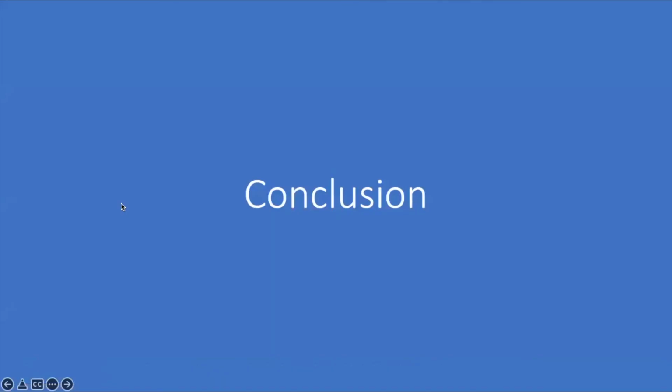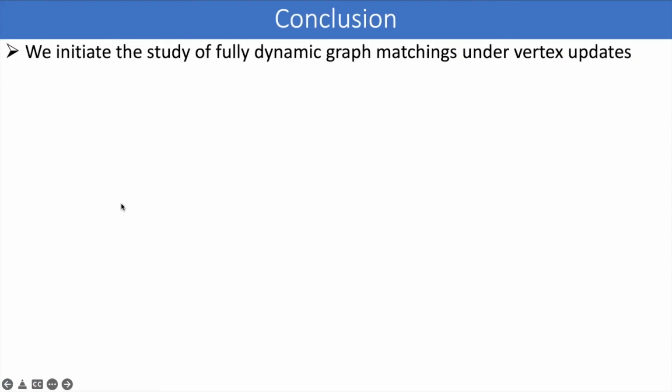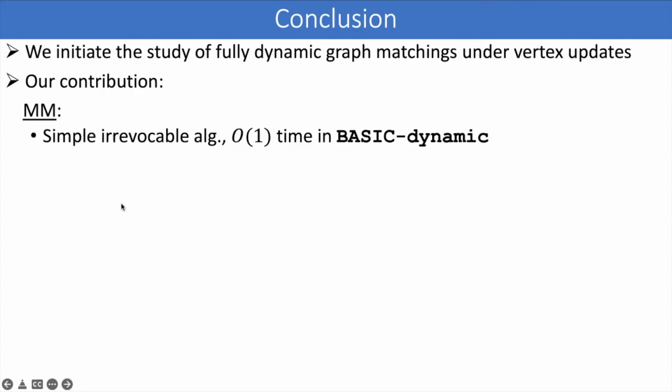To summarize, this work initiates the study of matching algorithms under fully dynamic vertex updates. Our main focus is on maximal matching. First, we observe that there is a simple irrevocable algorithm with constant update time in bipartite graphs where one side is fixed and the other side is fully dynamic.